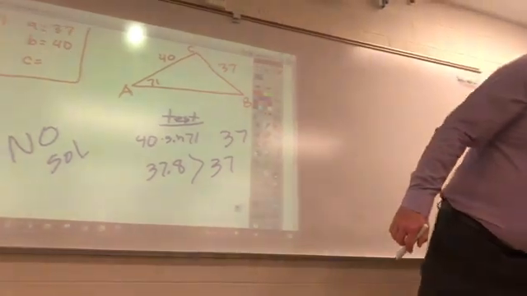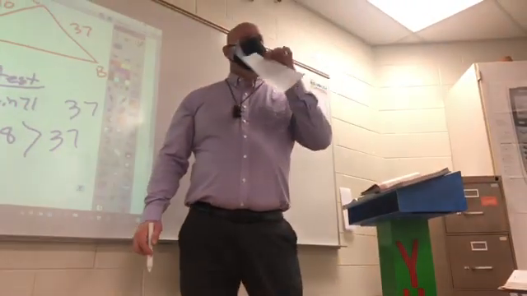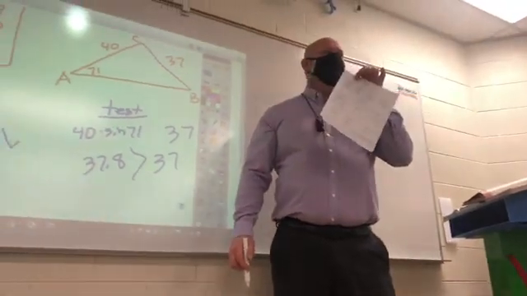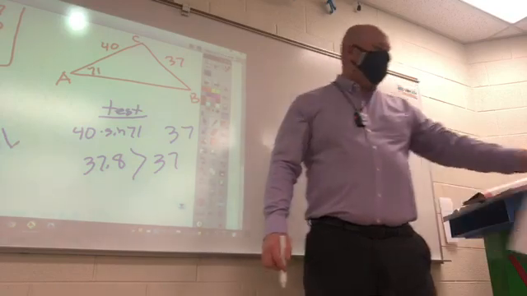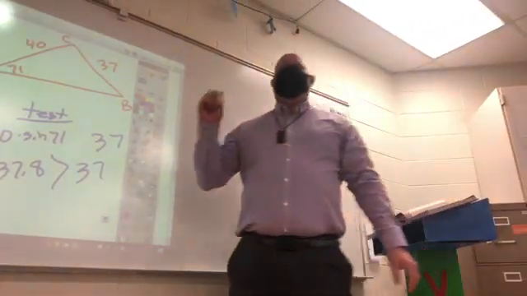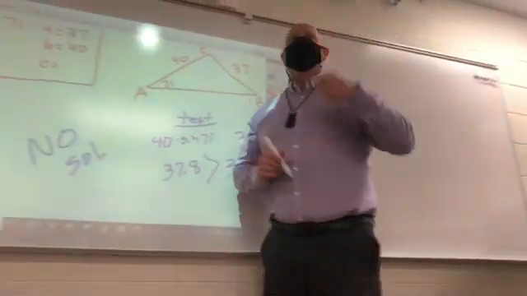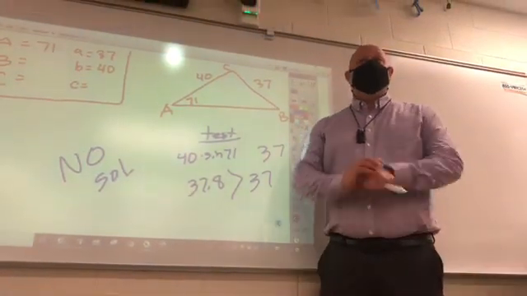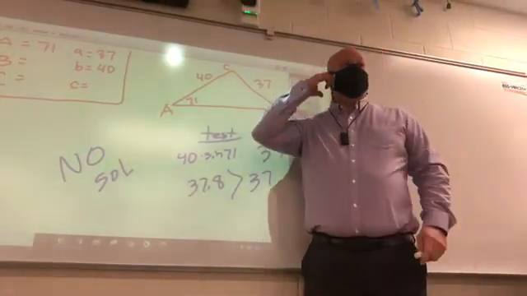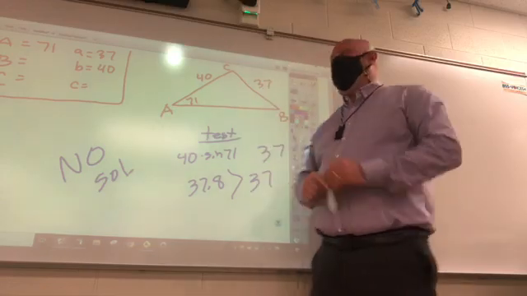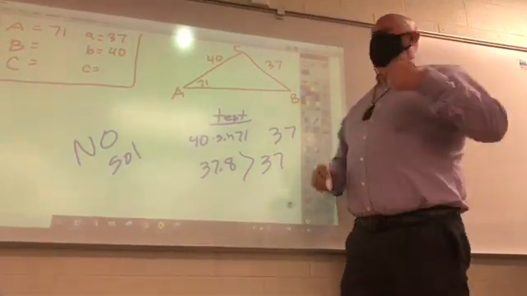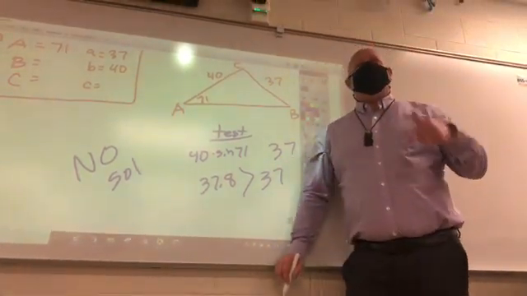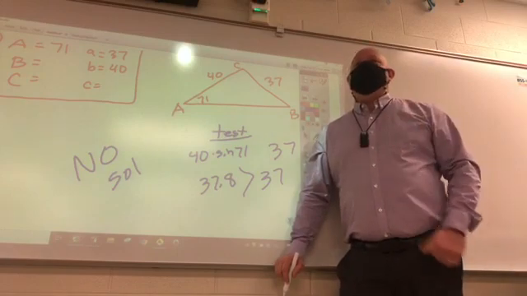Now, by the way, here's another way to approach these. You can forget about this whole flow chart if you want to. You could go with the assumption that every single one of these has two solutions, and try to find them. What would happen if I tried to find a solution that doesn't actually exist?